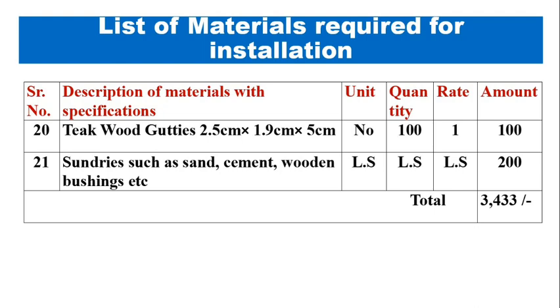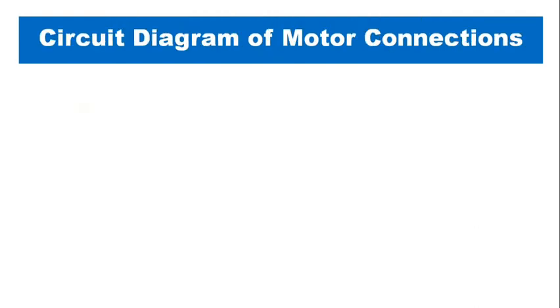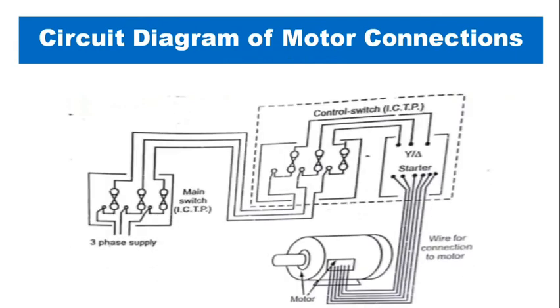Now next one is the circuit diagram for the connection of the motor. You can see this circuit diagram, which consists first of the main ICDP switch having the 3-phase supply, which is given to the control board. This is our control board. The control board consists of a control switch and a starter. The distance between the control switch and the starter is 0.25 meter.